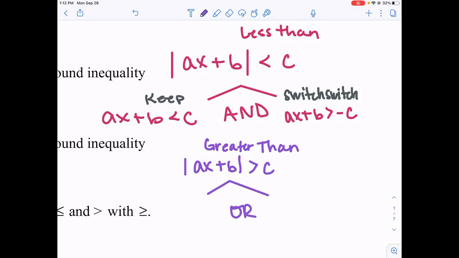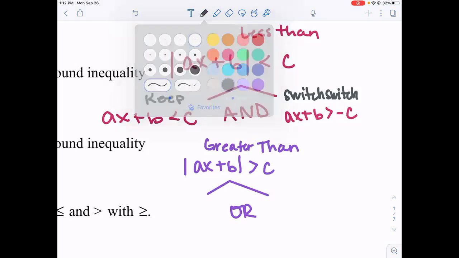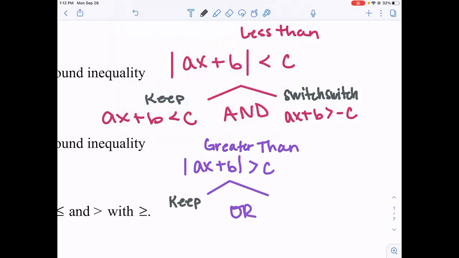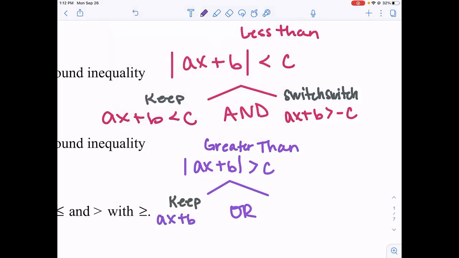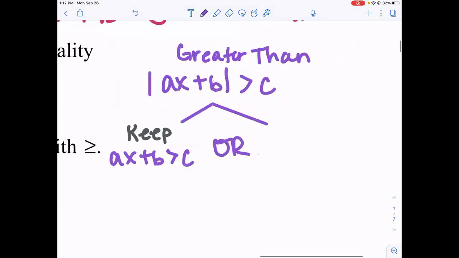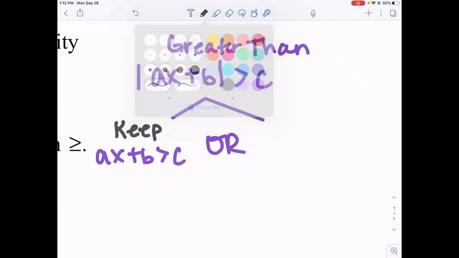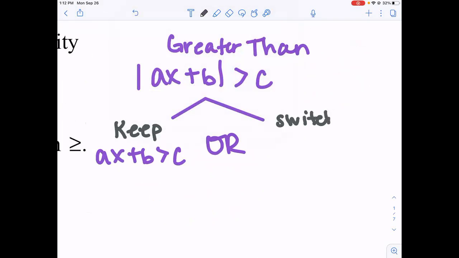But we are still going to keep the inequality the same by writing AX plus B is greater than C, or we are going to switch, by writing AX plus B is, switch the sign. Got it.